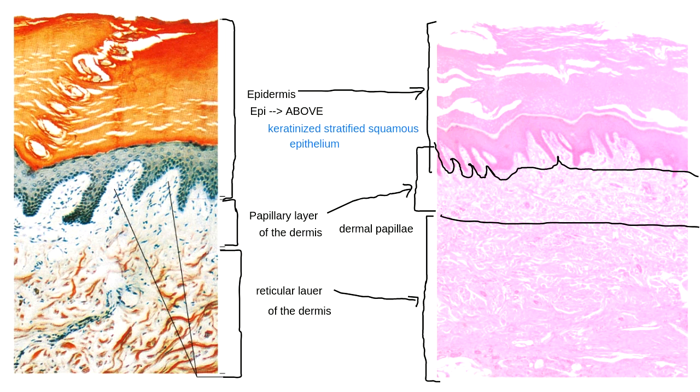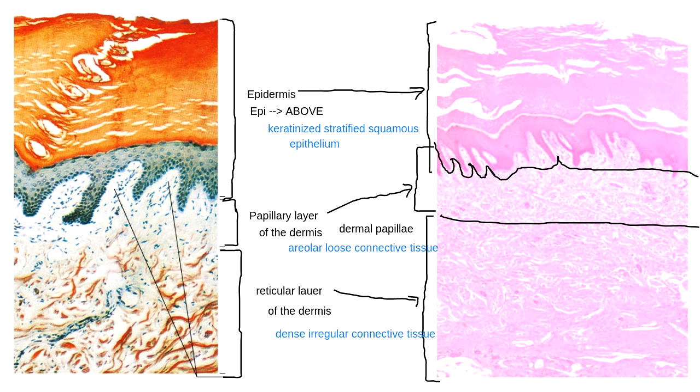Yeah, so we might have referenced our document, or we just gave it a guess. It is in the papillary layer. So the papillary layer of the dermis has areolar loose connective tissue.